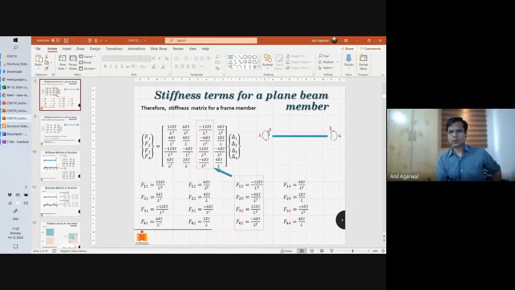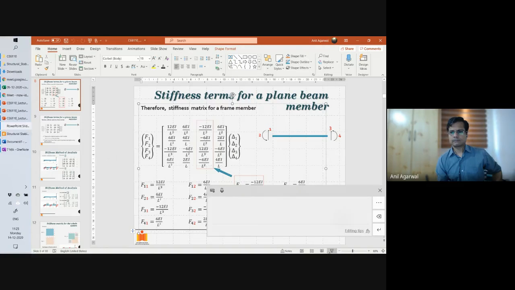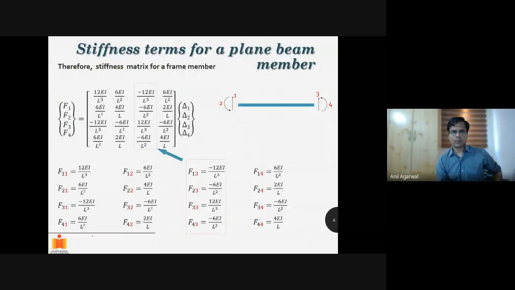So for this plane frame member, this is a plane beam actually. Even for a plane beam, 1 and 3 are restrained now. So the first column and third column you can ignore, and first row and third row.